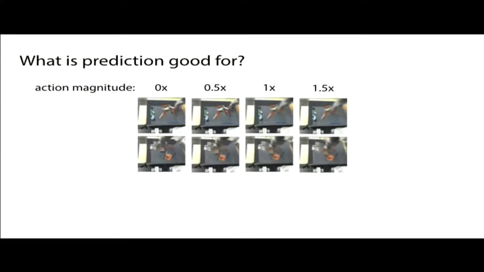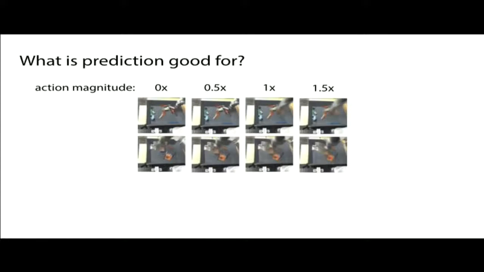What you can use these predictions for is to predict what's going to happen in the future and imagine different futures based off of different actions that you took. In the third column, I show the videos that were predicted from the original actions in the database. But if you decrease the magnitude of the actions, basically tell the arm to move less, and pass those actions into the model, you get a different prediction.